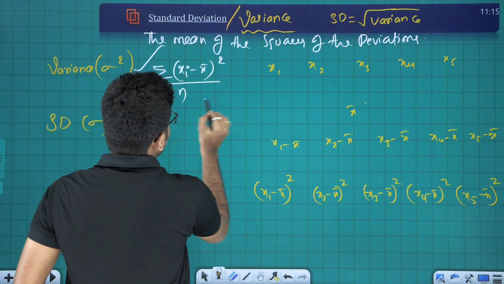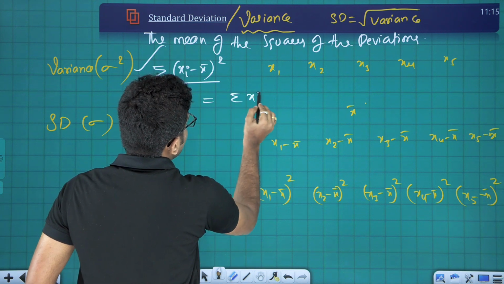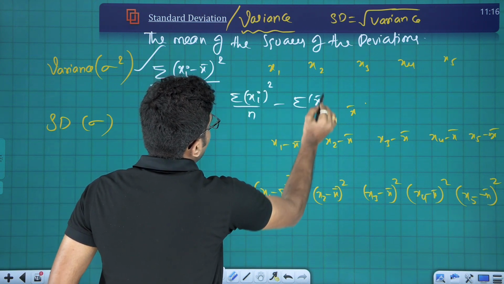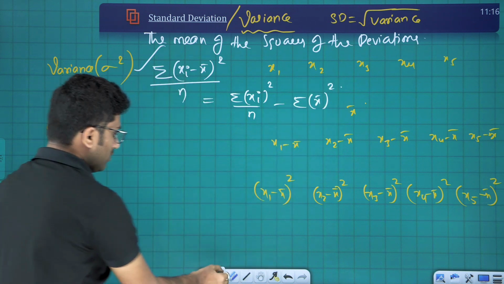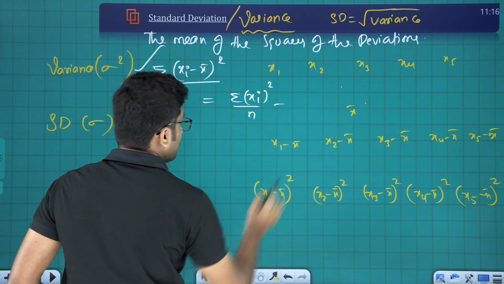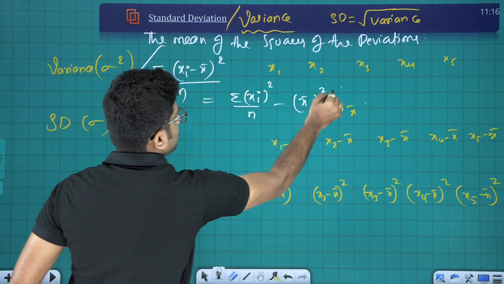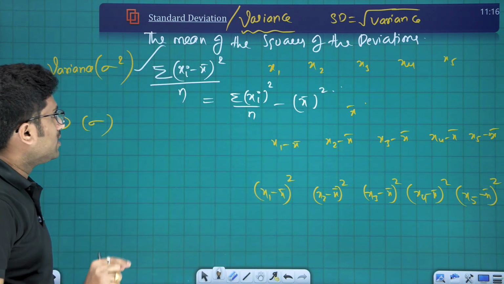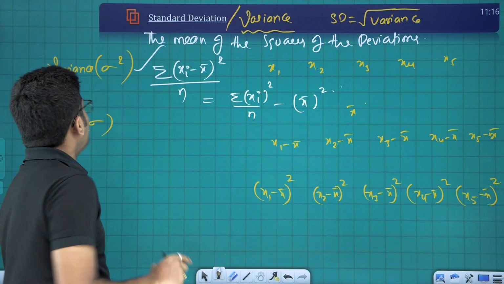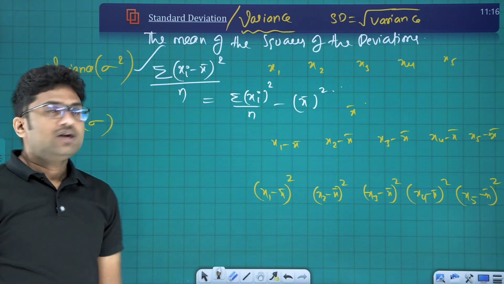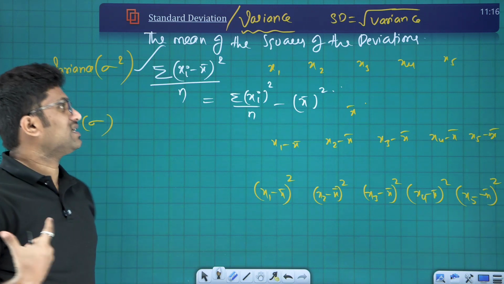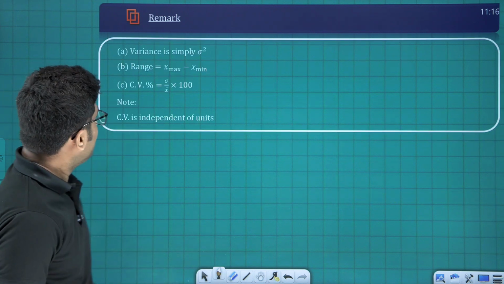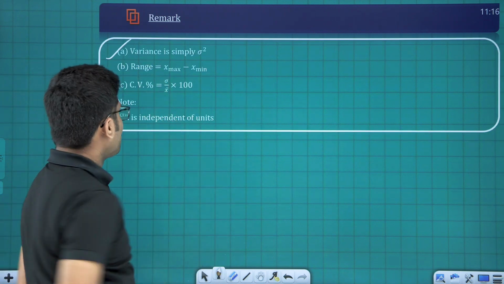We can also write this as sigma xi square divided by n minus x bar square, which is variance. The square root of variance is our standard deviation. So variance is simply sigma square.